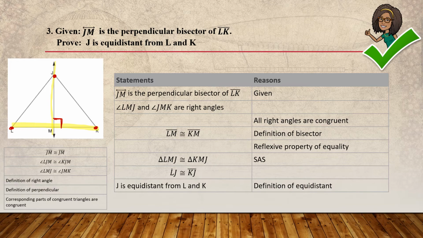All right, so they already gave us that the given is true. It was given to us in the problem. The next reason that we're trying to fill in is for the statement that angles LMJ and JMK are right angles. So we already have JMK labeled as a right angle, and they're telling us the other side is true for a right angle. Well, why would this be true?